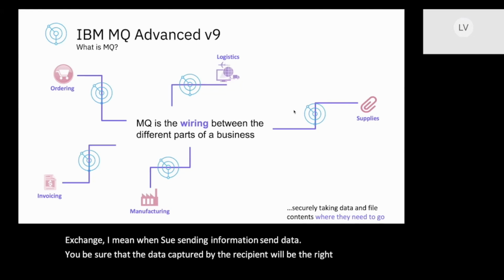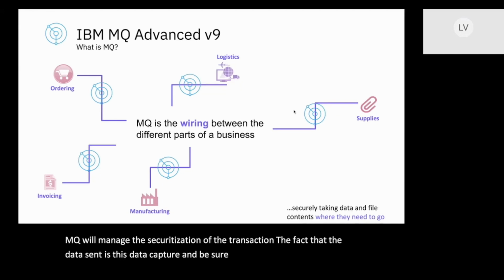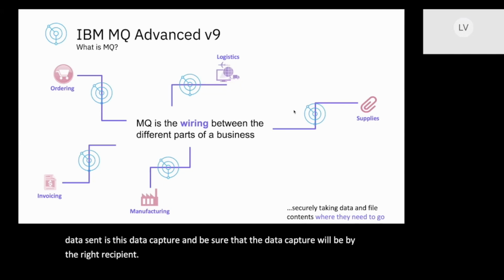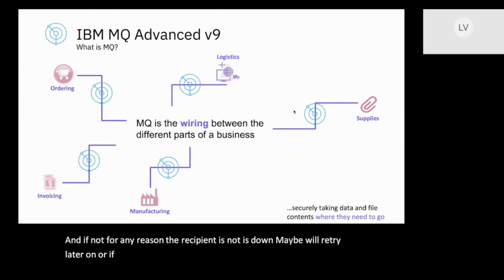MQ will manage the securitization of the transaction, the fact that the data sent is the data captured, and be sure that the data is captured by the right recipient. And if, for any reason, the recipient is down, maybe you will retry later on, or if there is any network issue, we'll retry later on to send this information to the recipient.